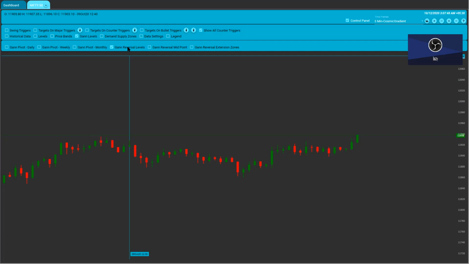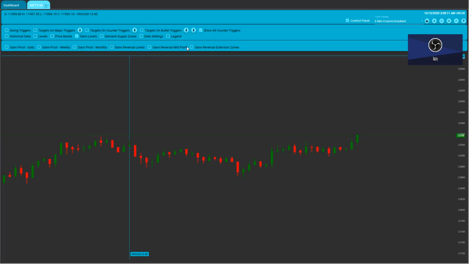In 99% of the cases, price will bounce back at the first point, and then only it will move ahead. So these lines are very important. Once again, these are not available anywhere in the market. These are proprietary to our company and very accurate.